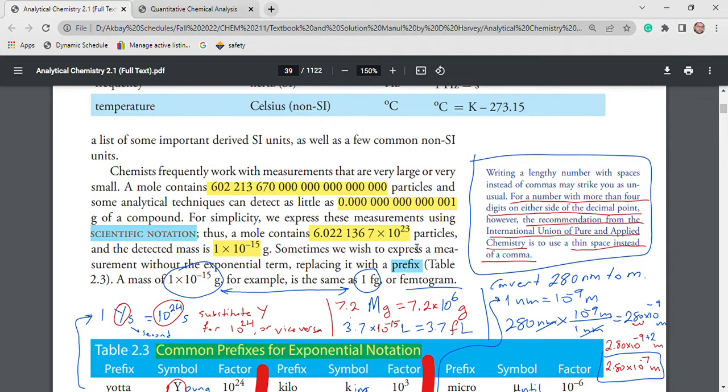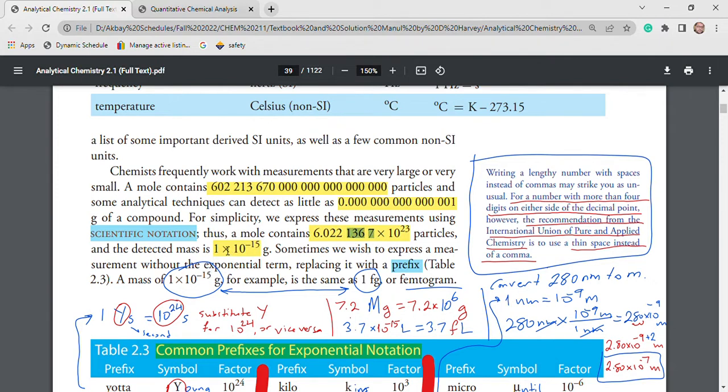Scientific notation is basically using an exponential part for those zeros. So instead of 6.02313 and so on, the huge number, we use this one with a 10 to the 23rd exponent. In most cases we use only 6.022 times 10 to the 23rd, so we ignore this part as well.